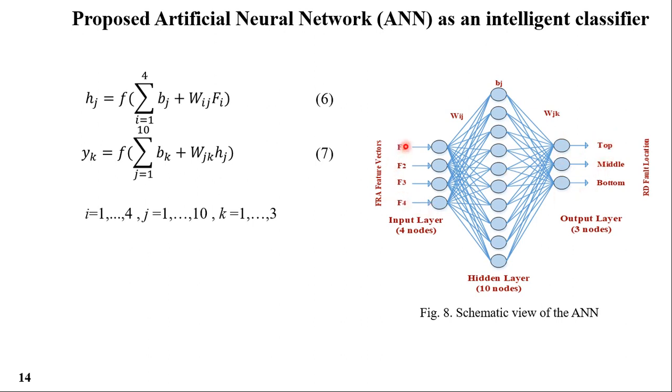As you can see, we have 4 feature vectors as input of the artificial neural network, and we have 10 hidden neurons and 3 output neurons allocated to the classes of the locations. And in equations 6 and 7 you can see the relations between the input, hidden and the output layers in the artificial neural network.